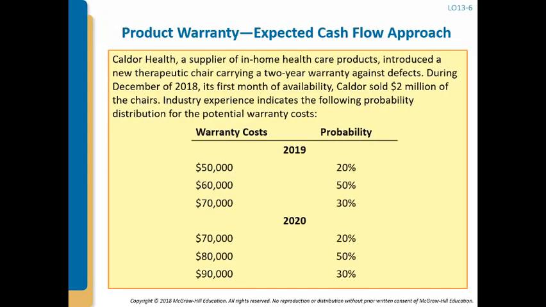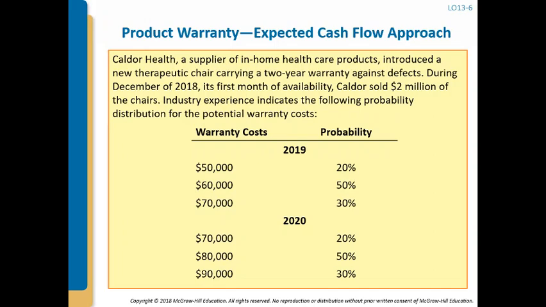So kind of the same example we just saw, and here we have the 2-year warranty. So they're expecting in 2019 the probability of outgoing cash flows due to warranty costs between $50,000 and $70,000. $50,000, the probability is 20%, 60 is 50%, and 70 is 30%.